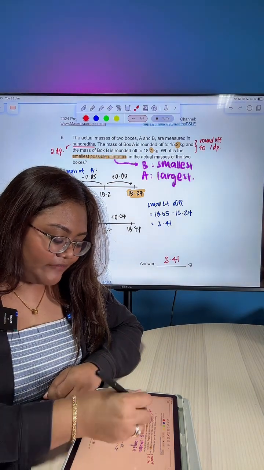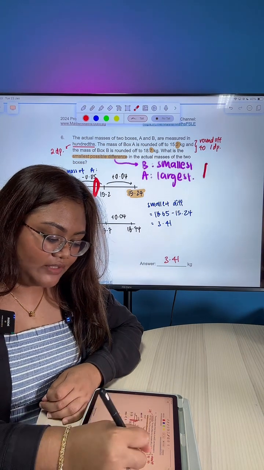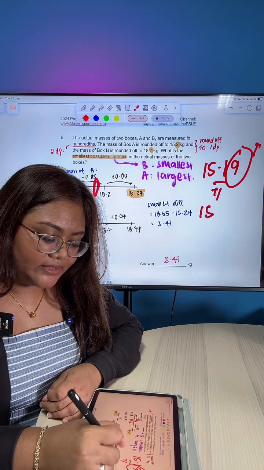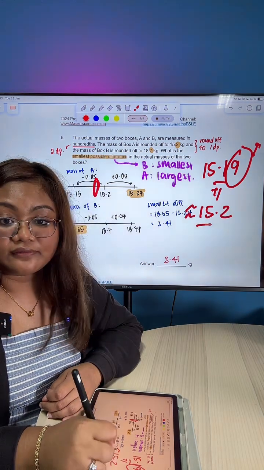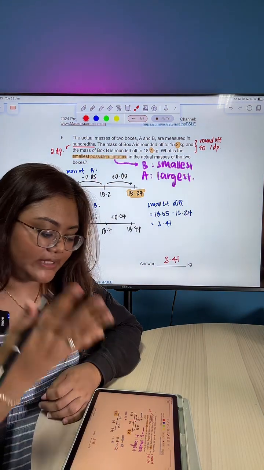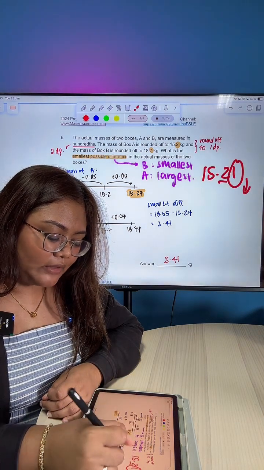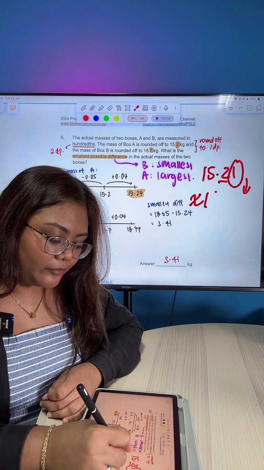Okay, so 15.15. If let's say I take a middle number here, 15.19, I round off, I get 15.2 again. Right? What about something that's bigger? If I round 15.21, 1 I round down, I will get 15.2 again.